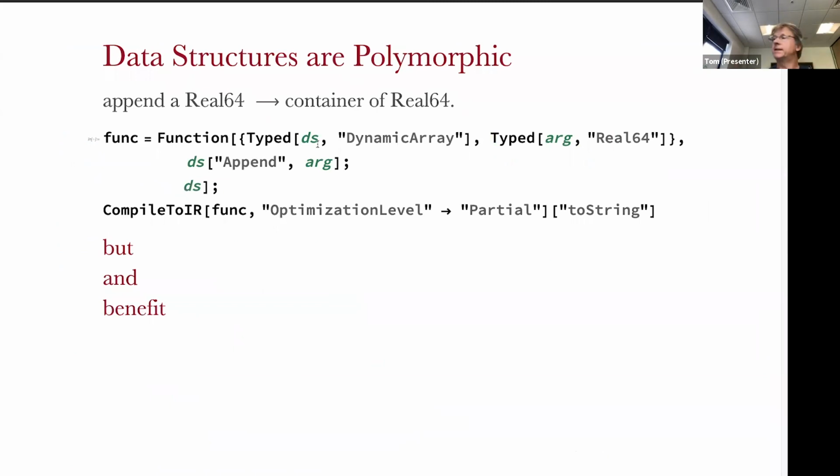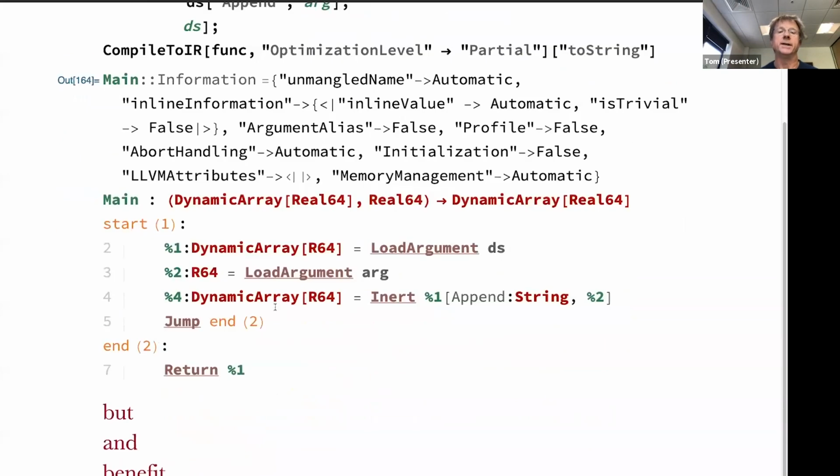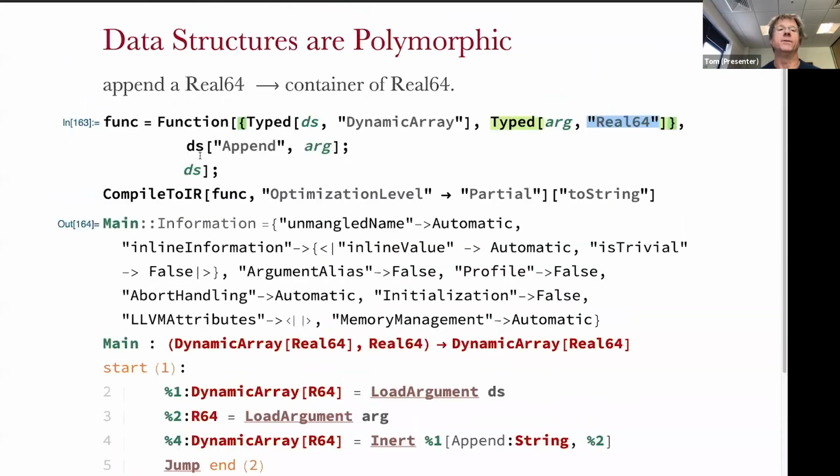So going back to the data structures, another feature of many of them, it varies, is that they are especially polymorphic. So here's a data structure, and you can see I've given a dynamic array, and I'm appending a real 64 to the dynamic array, and then I'm returning that.